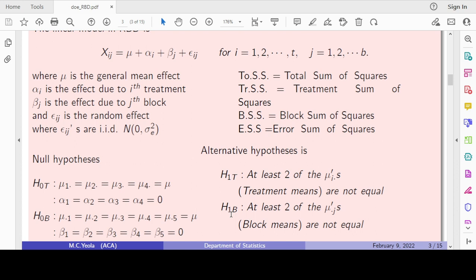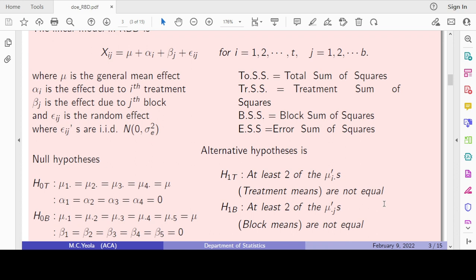H naught T is mu1 dot equal to mu2 dot equal to mu3 dot equal to mu4 dot equal to mu, or alpha 1 equal to alpha 2 equal to alpha 3 equal to alpha 4 equal to 0, and its alternative hypothesis H1T is that at least 2 of the treatment means mu i dots are not equal.